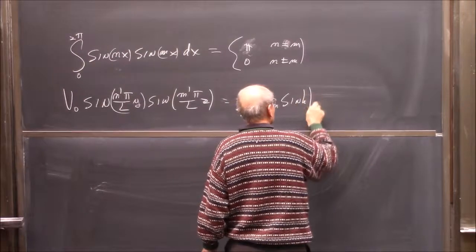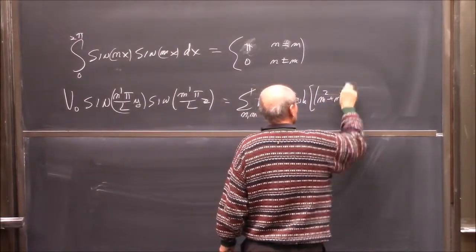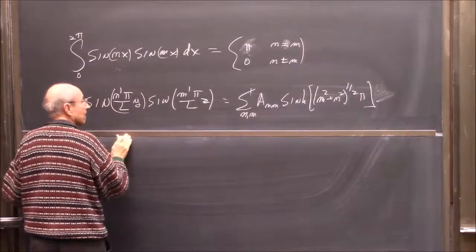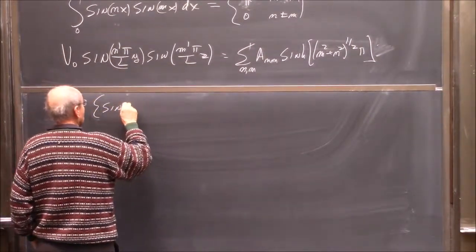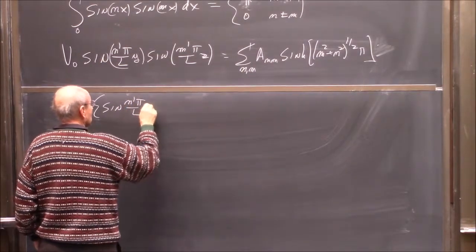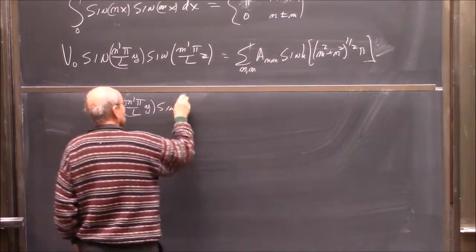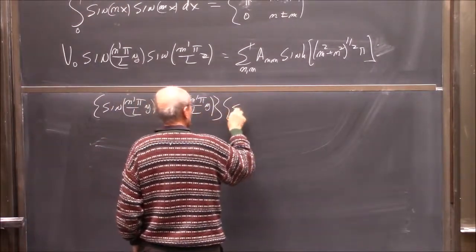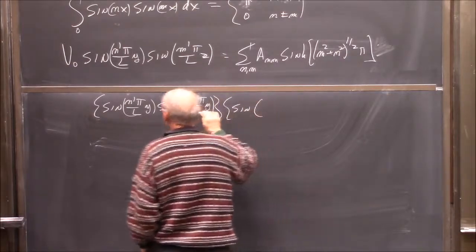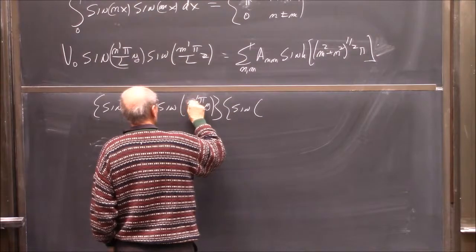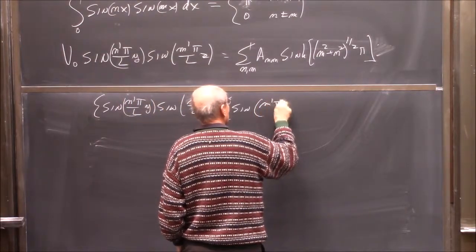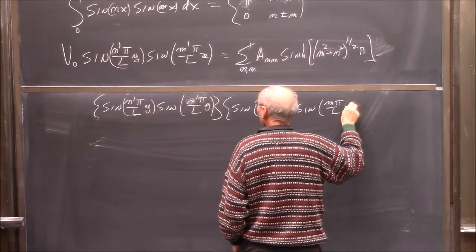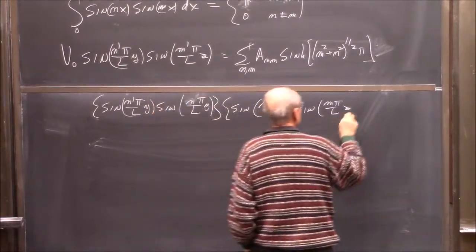This will be sinh of (m squared plus n squared) to the 1/2 times pi times sine n prime pi over L times y, sine n pi over L times y, times sine m prime pi over L times z, sine m pi over L times z.